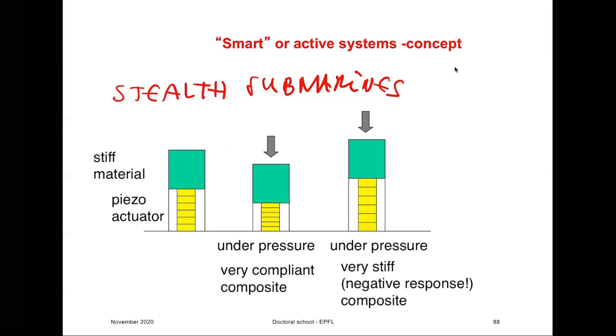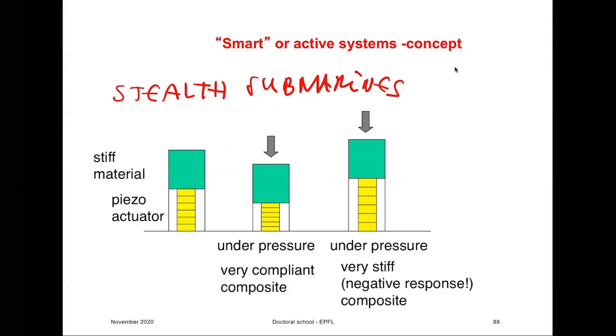Well, you can do a similar thing with submarines. You can put piezoelectric actuators into submarine walls, and then if you have some sensors away from the submarine, it can sense the signal coming from the sonar, which wants to detect that submarine, and then the wall of the submarine can withdraw, making reflection weaker.